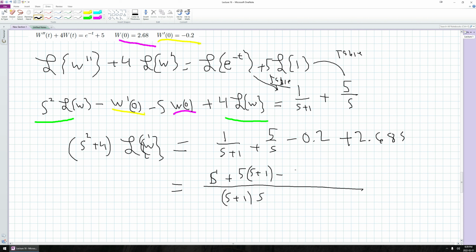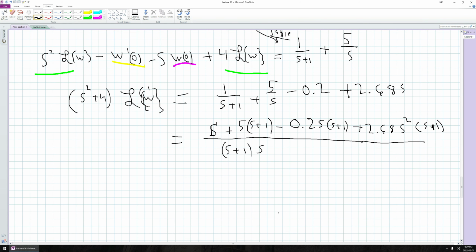So here I'll simply do a minus 0.02 s times s plus 1. And here I'll get a plus 2.68 s squared times s plus 1. And again, I'm not factoring these out because having it in this form will be useful for partial fractions.